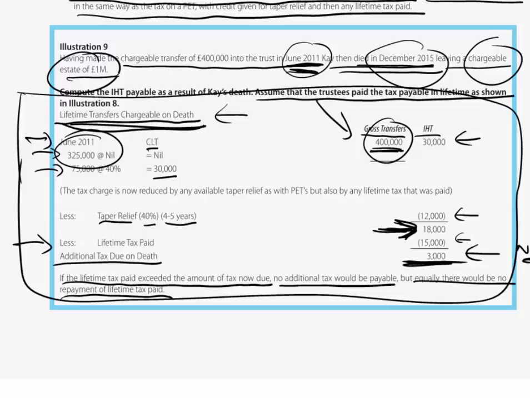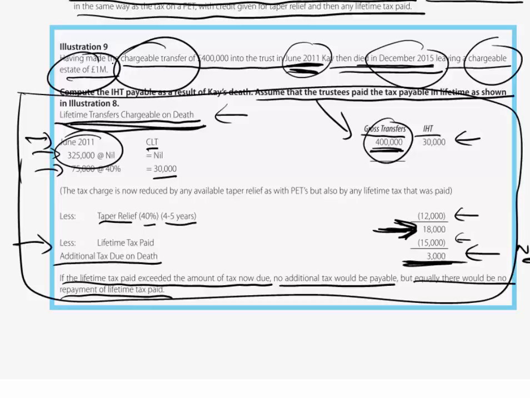In terms of the lifetime transfers, the figures that we have included, we have referred to as chargeable transfers. Back in our first lecture, we calculated a transfer of value that became the basis of computing the chargeable transfer. But as we will discover in our next lecture together, there are certain exemptions that may serve to reduce the transfer of value down to the figure of chargeable transfer.